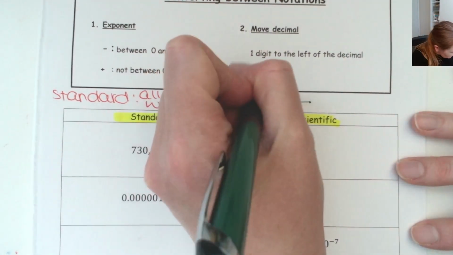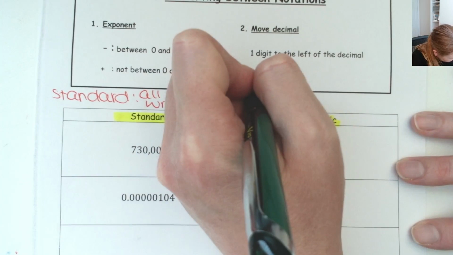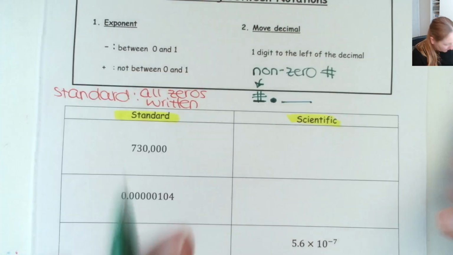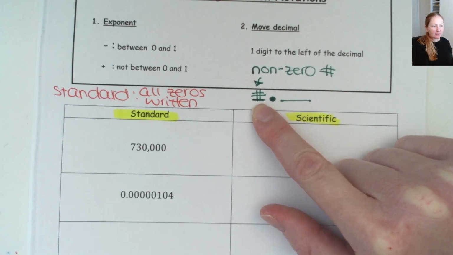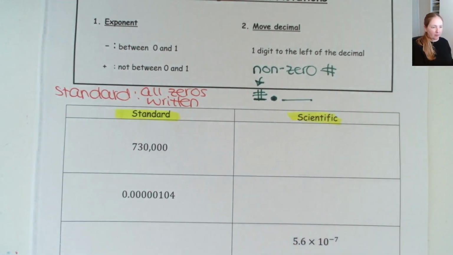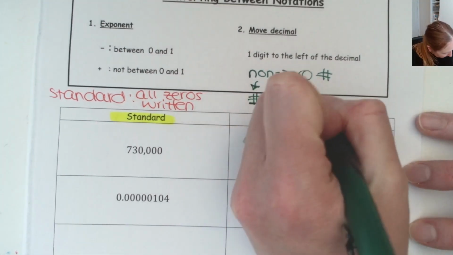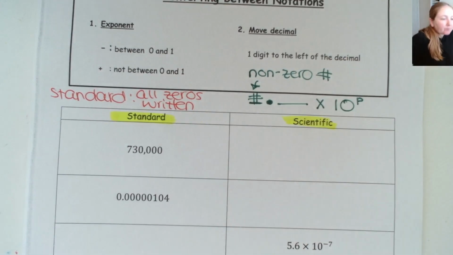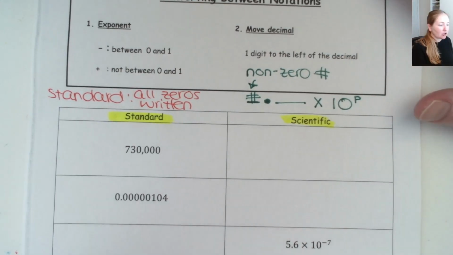So you're going to have a number that is not zero starting off your scientific notation, then a period, and then all the other numbers times 10 to a power. And that's our scientific notation.